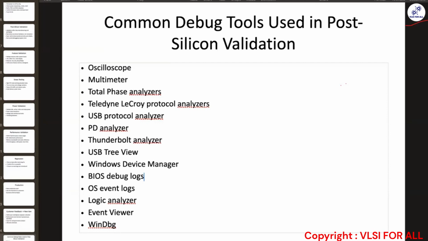Multimeter won't help all the time because you will anyway not see the waveform with the help of a multimeter. Also, you cannot probe very small points with a multimeter. So at that point also you can use logic analyzers or an oscilloscope for that matter. So yeah, that is on the logic analyzer.